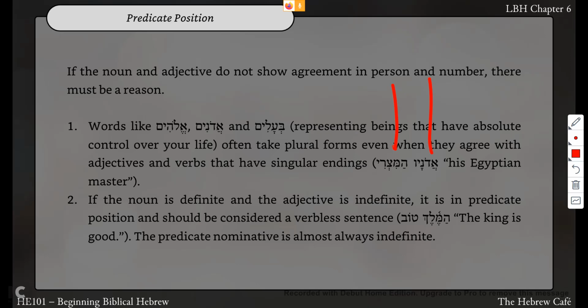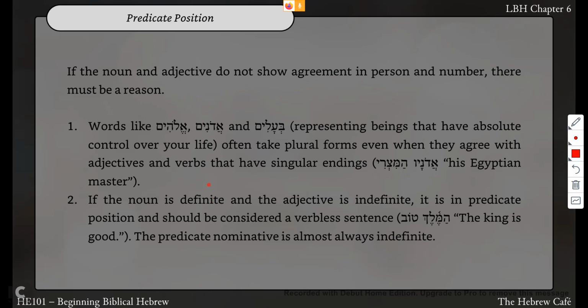Adonav Ha-Mitzri, his Egyptian master. This is the phrase that's used when Joseph is in slavery and Potiphar is his Egyptian master. He's called in the text Adonav HaMitzri, not Adono HaMitzri. So there's a disagreement in plural versus singular, and that's because this relates to these words that have the idea of control over somebody's life, absolute power.